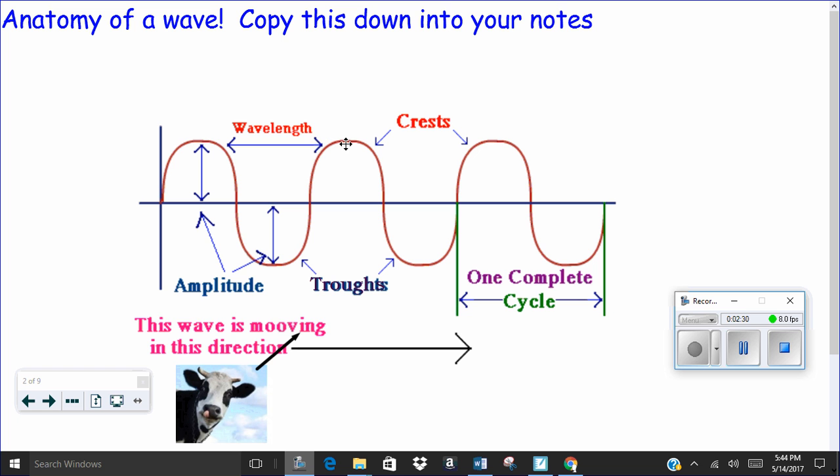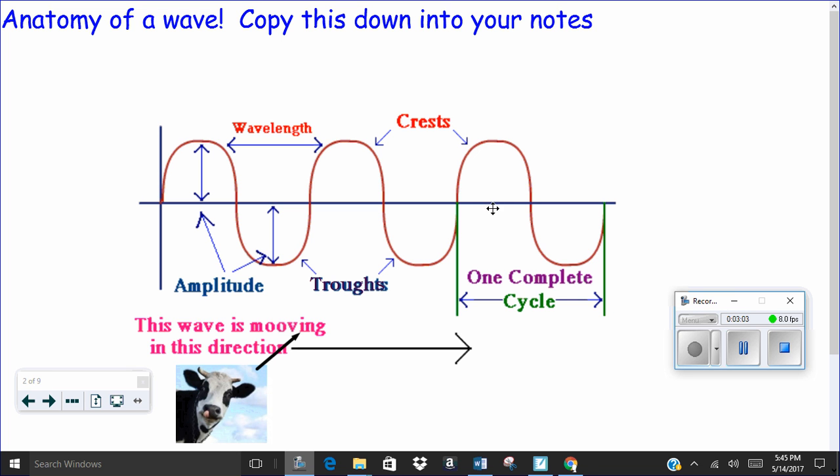So as I've already implied, the maximum positions away from equilibrium are considered the crests, and the minimum positions away from equilibrium are considered the troughs, equal and opposite of the crests. We also call these crests and troughs the amplitude of the sine and cosine wave, which would be in math class the coefficient in front of sine or cosine to say how tall your waves are actually going to be.